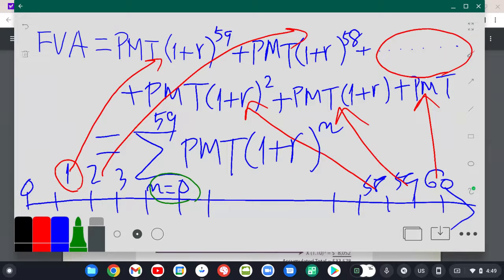Anything raised to 0 is what? Anything raised to 0, anyone? Anything raised to 1? No. Anything raised to 0? 1. Yes. Who said 1? Dennis. Okay, Dennis, you get 0.5. Anything raised to 0 is 1.